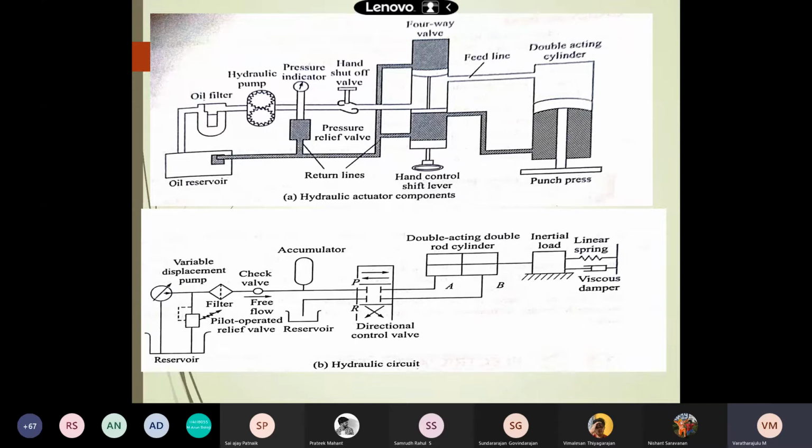The components of the hydraulic system: we have the pump, which delivers the high pressure fluid, and the pressure regulator, which limits the pressure in the system. We have valves, which control the flow rate and pressure. And the distribution system is composed of hoses or pipes.